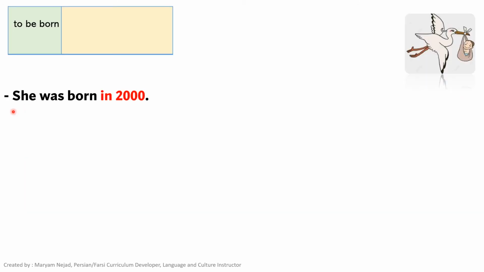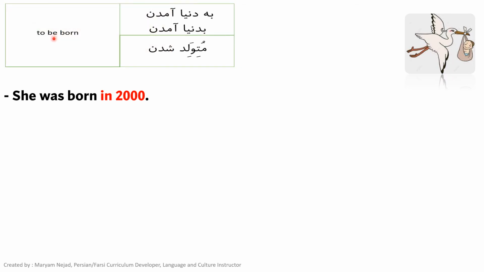All right, we have an easy example here, which is very short. So we want to say she was born in 2000. What is the verb here? The verb is was born, which stems from the infinitive to be born, right? So what is to be born in Farsi? There's two verbs for that. The first one, به دنیا آمدن, which can also be written like this. We drop the he and we attach be to the letter dal.